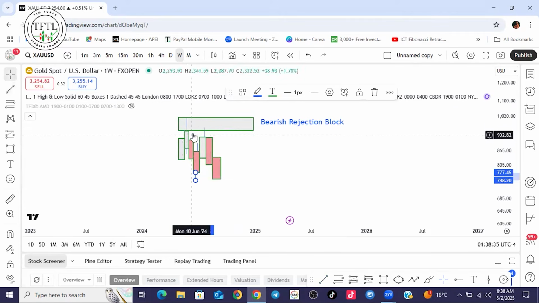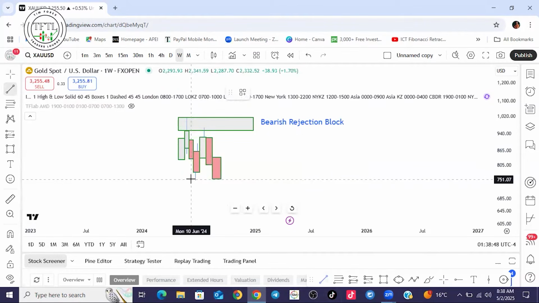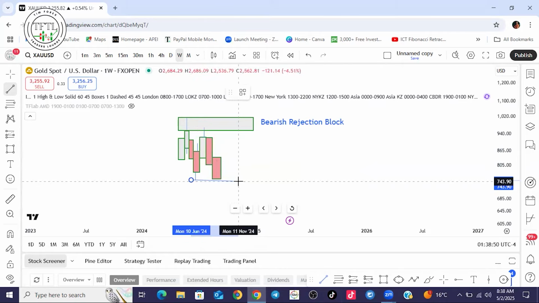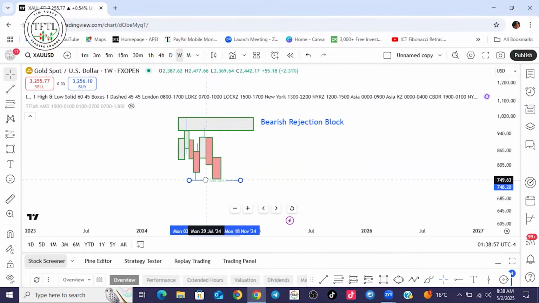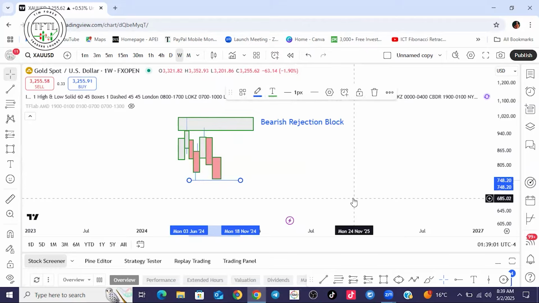And then the price came all the way to this rejection block, and this is where we get our sell. If we are getting our sell from here, then our target is price probably coming to take out these sell side liquidities. So that is the bearish rejection block.